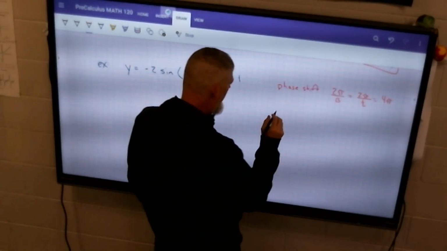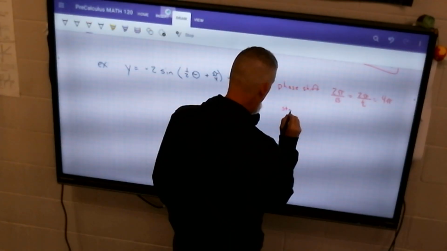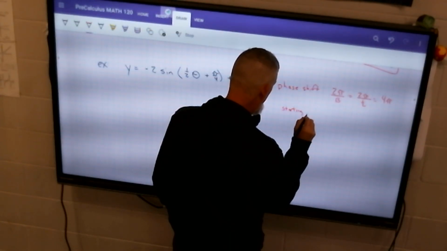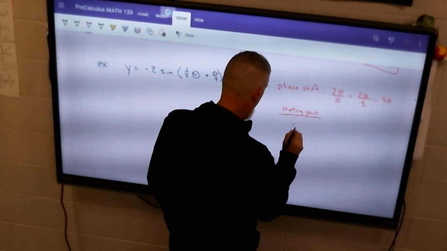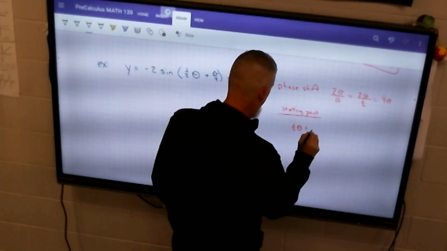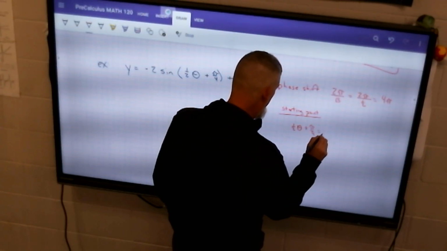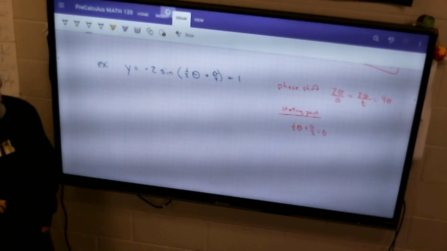All right, so let's go ahead and find my starting point. What's my starting point? So I'm going to take 1/2 theta plus pi over 4 equal to 0.